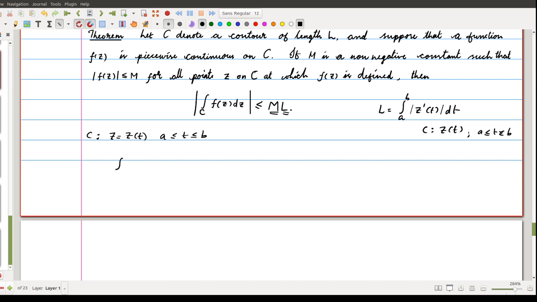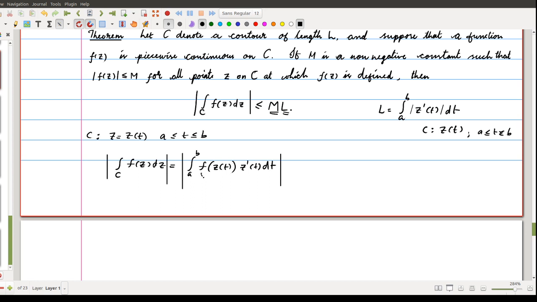We know that the integral over C of f of z dz can be evaluated using the parametric equation of C. So that is the integral from a to b of f of z of t times z dash t dt, and we need to find an upper bound for this value.